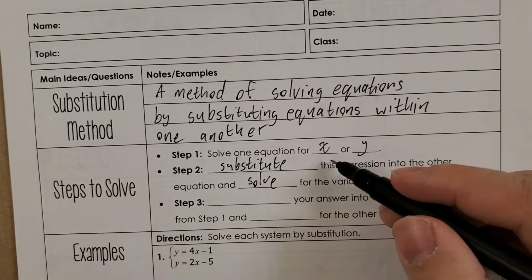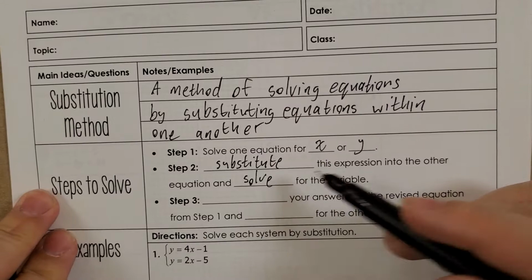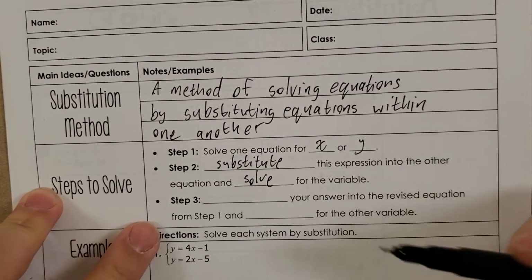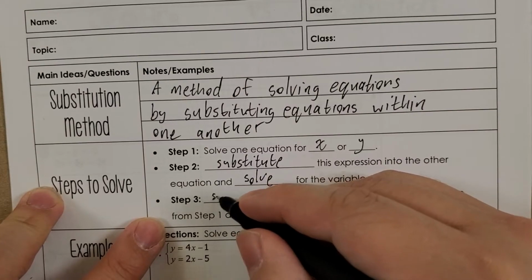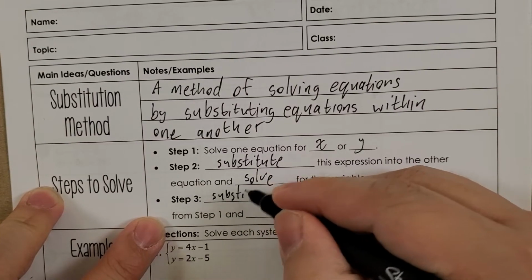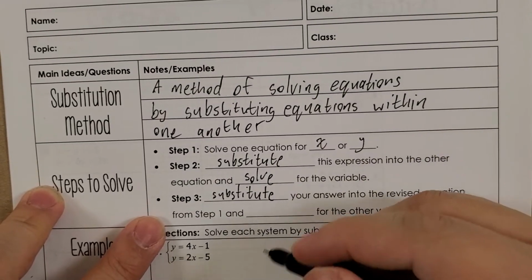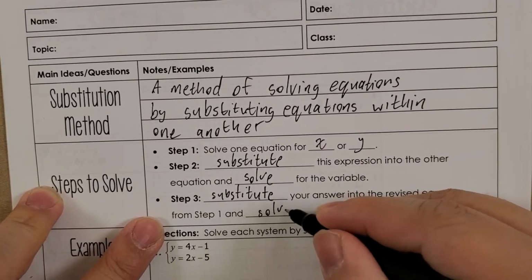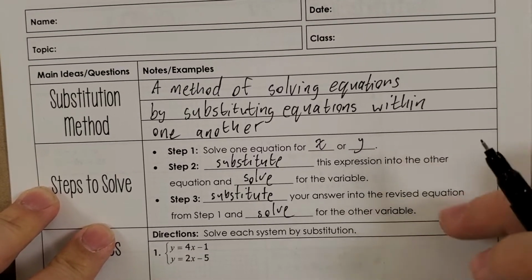So if you solve for x, you substitute that whole expression wherever you find an x, and then you can just solve for y. Once you've solved for y and you have an actual number, you can then substitute that number back into your first expression to solve for the x. This might be a little confusing without doing an example, but these are the steps.